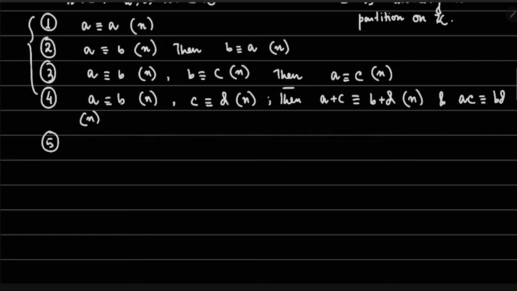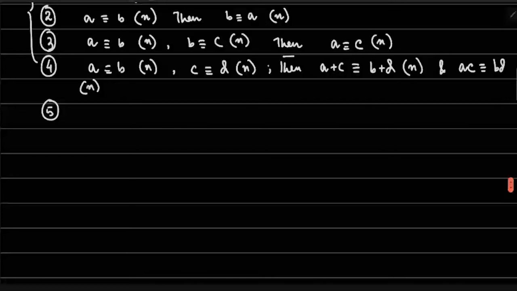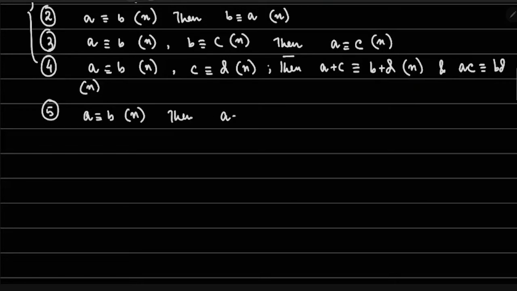The fifth thing is: if a is congruent to b mod n, then a plus c is congruent to b plus c mod n, and ac is congruent to bc mod n.